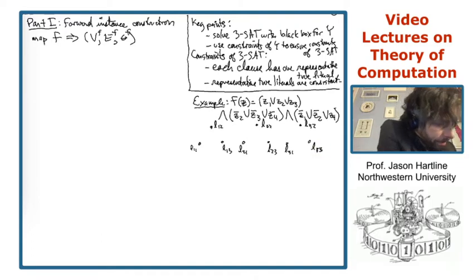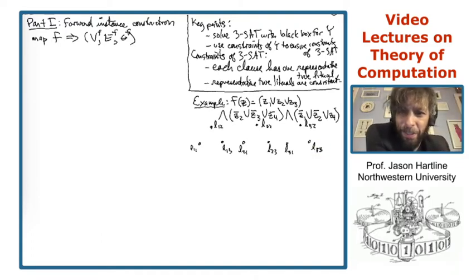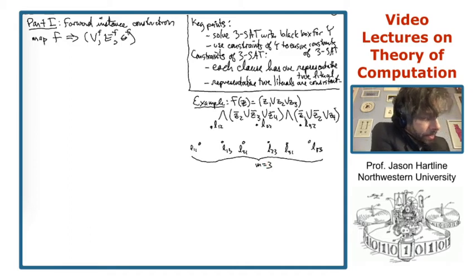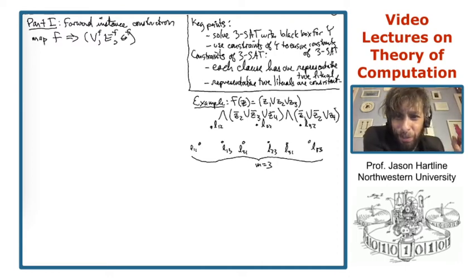These are vertices corresponding to the literals in my clauses. I have 3 literals per clause, and I have m equals 3 clauses. Okay, so the first thing I do is I want to have one representative true literal per clause.